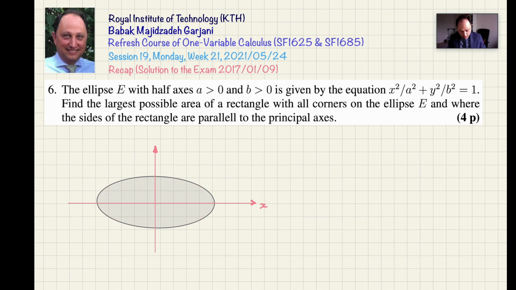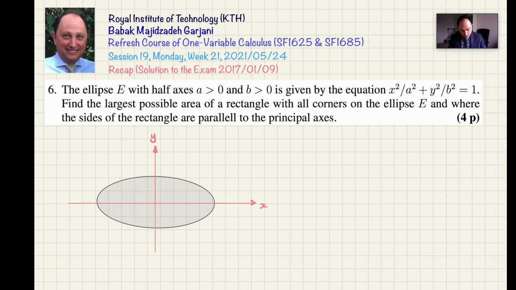Or this is the other one. So you see that there are infinitely many rectangles with that property. What we want to do is find the largest area among these rectangles.